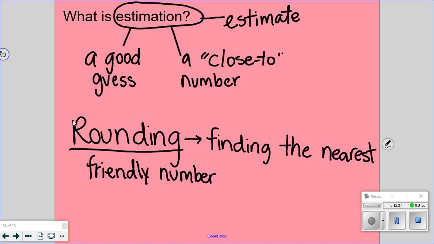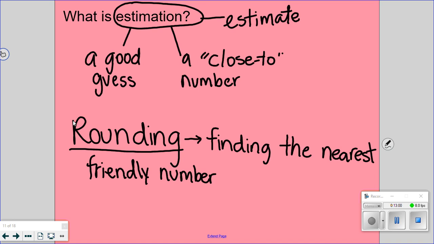It's easier for me to count by tens than it is for me to count 72. 70 is a friendly number. I can count that super easy. 127, not a friendly number. That's way too tricky to count.